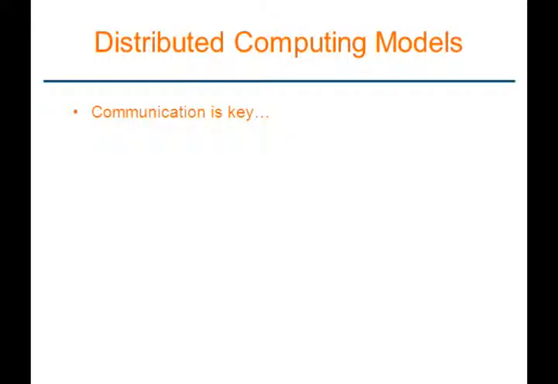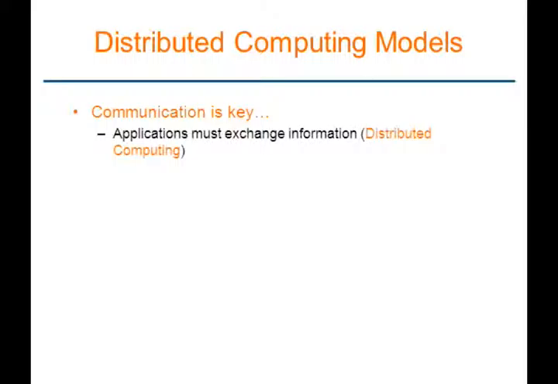We now enter the world of distributed computing models. When we talk about client-server, there are classes of different types of client-server programs. You've already seen some examples with the World Wide Web and domain name services. Now we get to classify them in simple, straightforward ways. So we understand communication is the key.